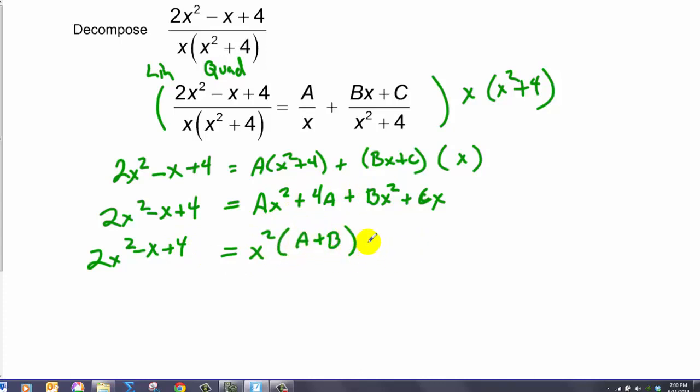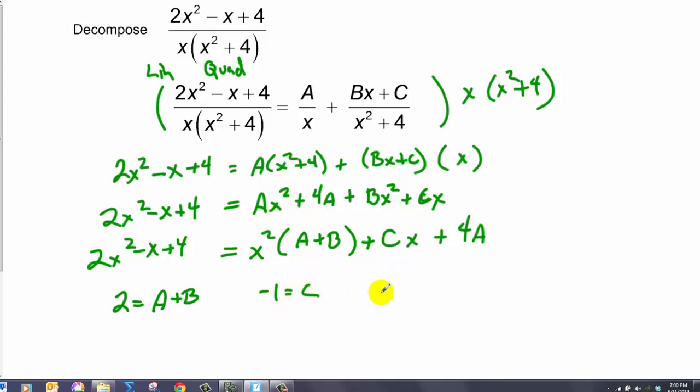I group my x terms and I just have c in this case. And I group my constant terms and I have just 4a. So in this case, I can say that 2 is equal to a plus b. I can say that negative 1 equals c.